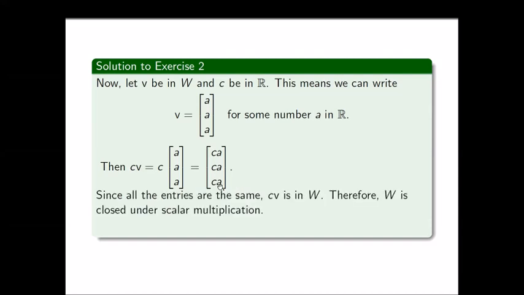And again, all the entries are the same. So C times V is also in W, and therefore W has to be closed under scalar multiplication. And because the two properties hold, and because it's non-empty, because 0 is the simplest example of a vector that has all the entries the same, we conclude that W is a subspace of R3.